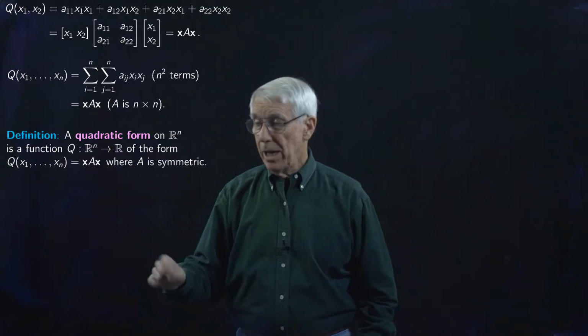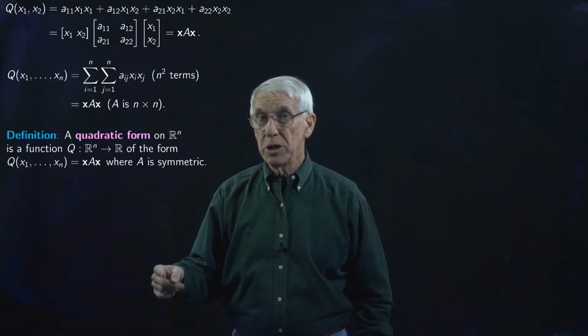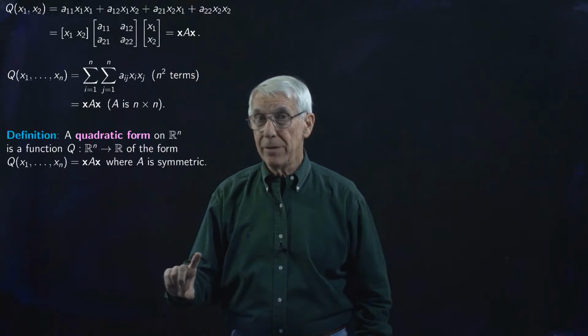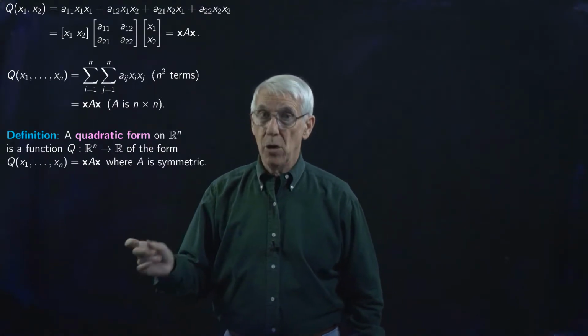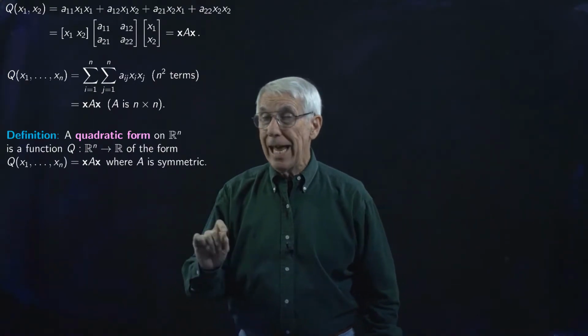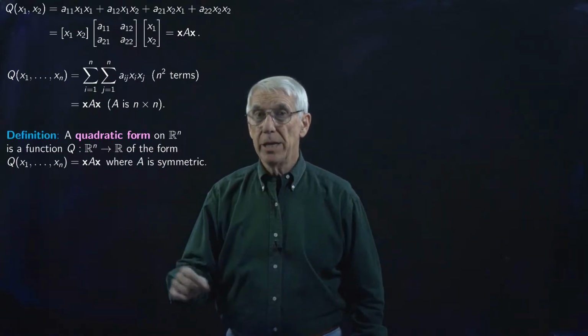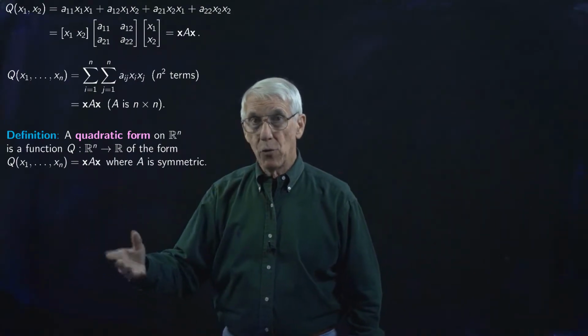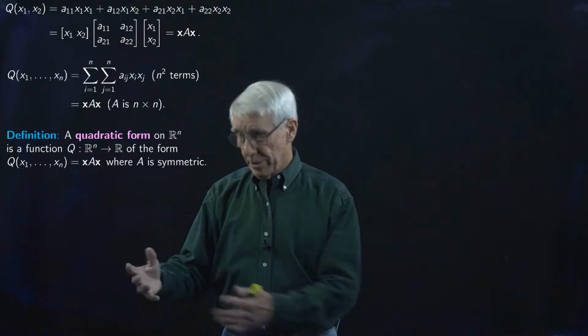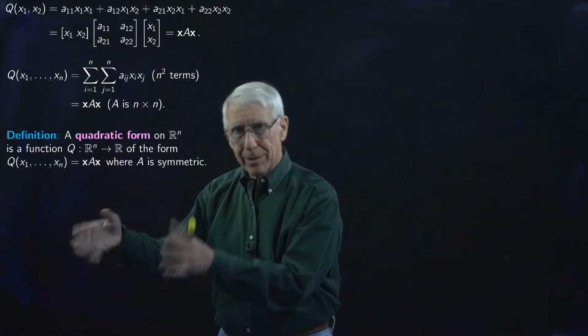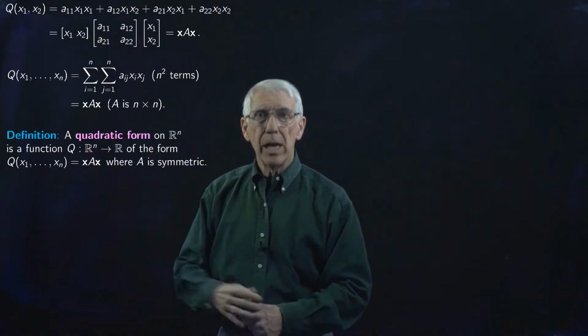And remember, we saw a third picture down here, which was neither convex nor concave. I would want to know what matrices A correspond to the quadratic forms that are neither always positive nor always negative, neither convex nor concave.